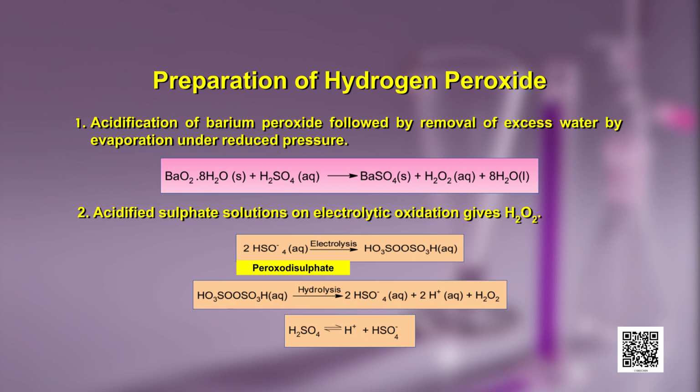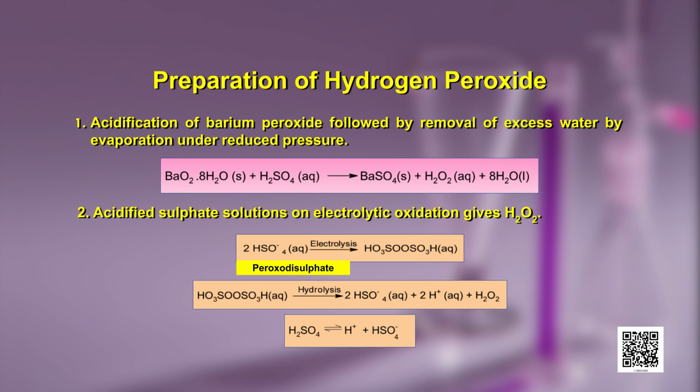It is then obtained by hydrolysis, shown by the equation here, where we get 2HSO4⁻ in aqueous medium plus 2H⁺ aqueous plus H2O2.